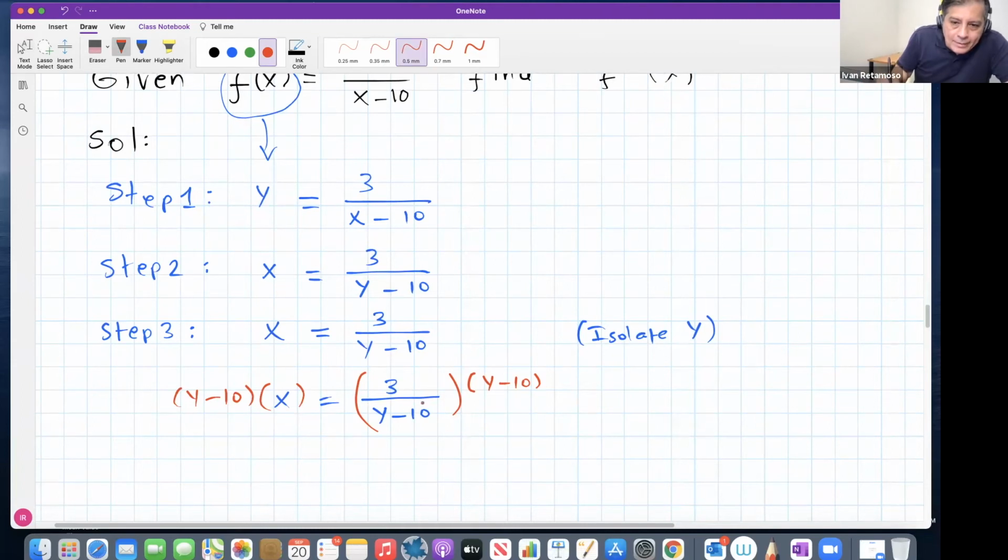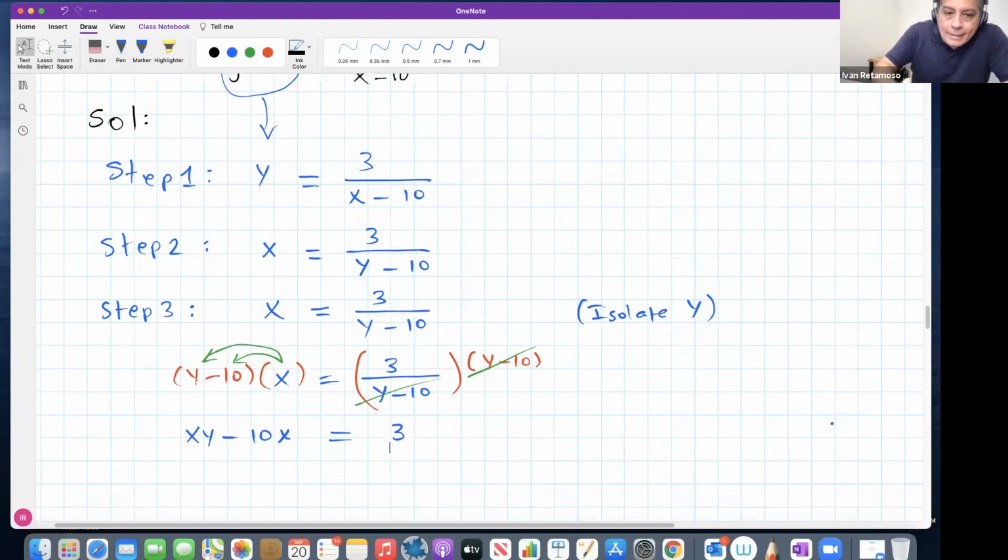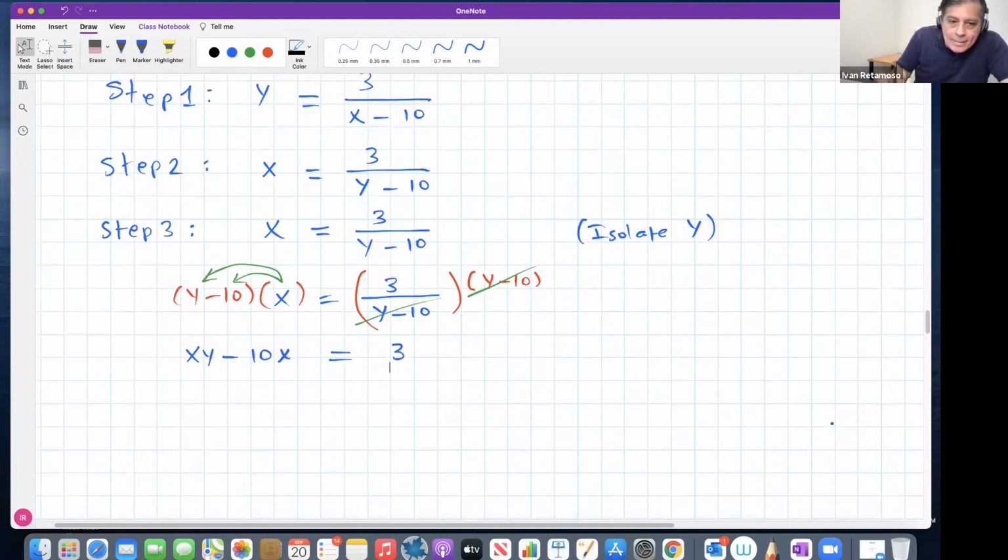So now, this clearly cancels, right? These two cancel. Applying the distributive property, this will give me x times y minus 10x, right? This part is 3 because it's cancelled. All right, next, in order to isolate y, remember, we are looking for y by itself, right?